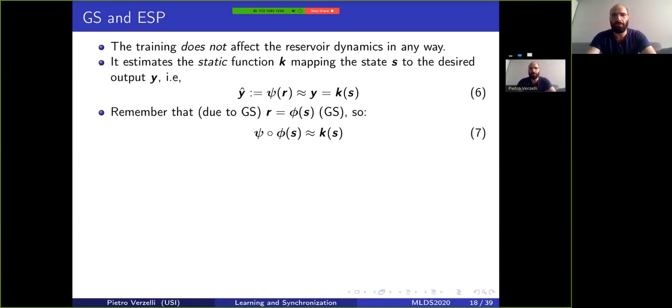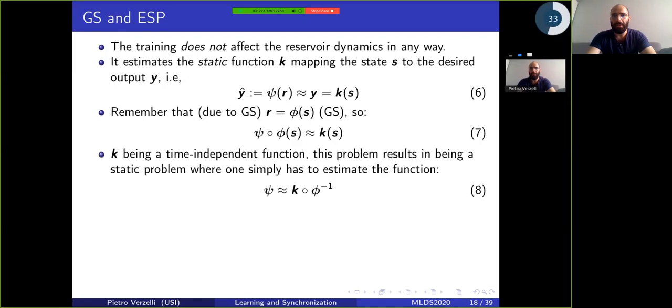And so psi of phi of s must be equal to k of s, or at least that's what we're trying to approximate. And k is a time-independent function. This problem turns out to be a static problem, where one simply has to estimate the function psi, which is k composed with the inverse of phi.